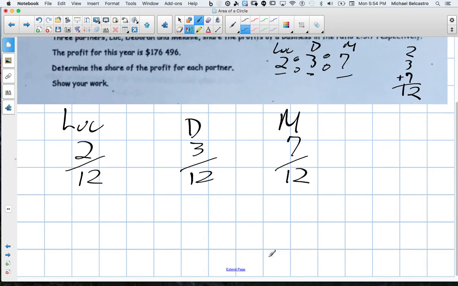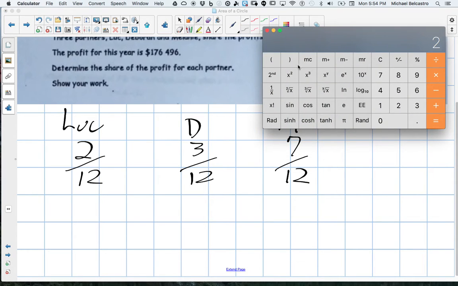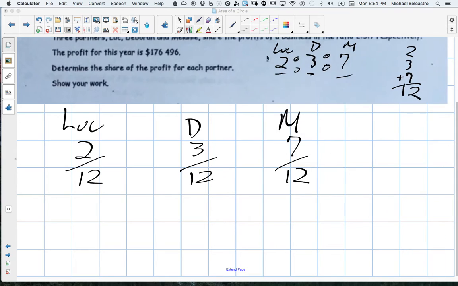Now you can either work in fractions or turn these into percentages if you like. 2 divided by 12 is not such a nice decimal to work with, which means that percentage would be a little bit off. So we're actually going to keep them as fractions.